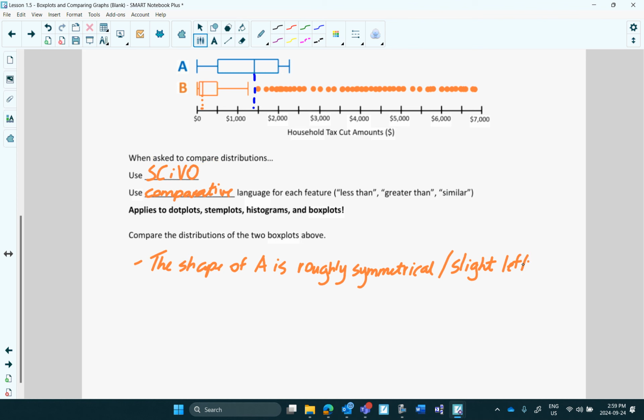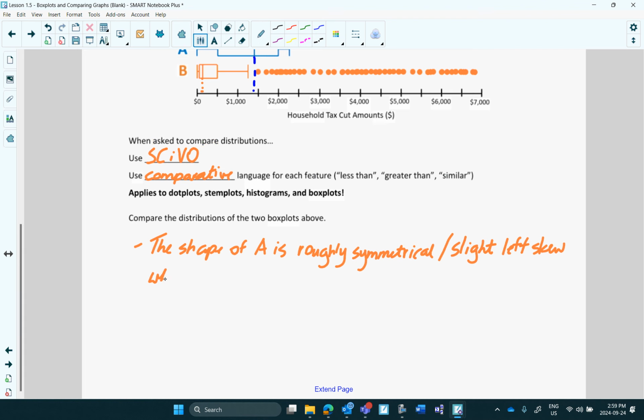You don't want to say skewed left with this one, because it's not very strongly skewed left. And then the shape of B, this one's obvious. Yeah, skewed right, strongly skewed right. So that's the shape.